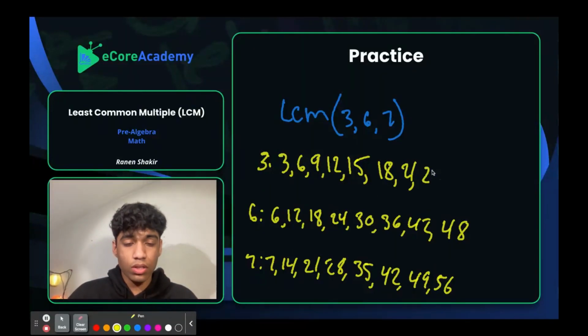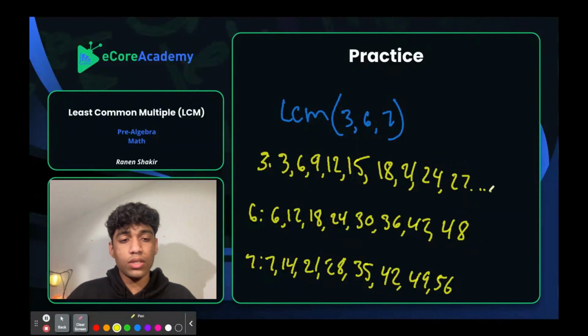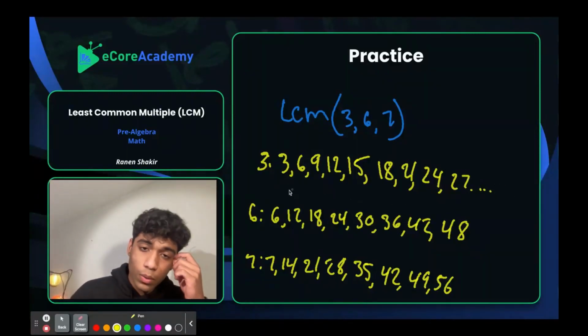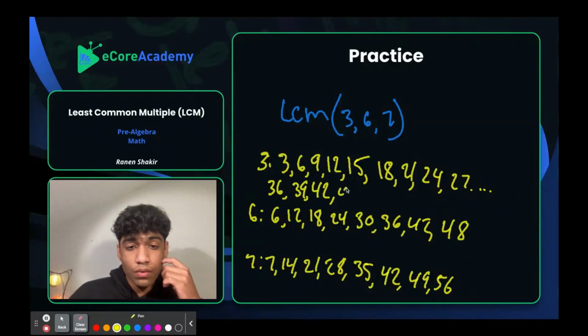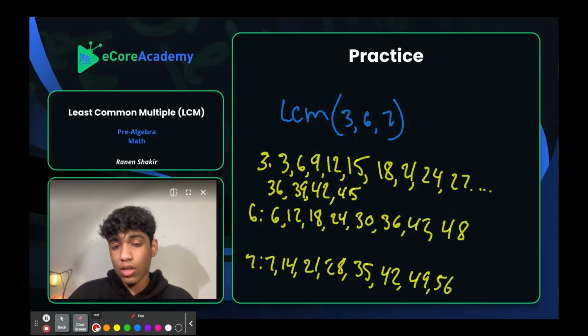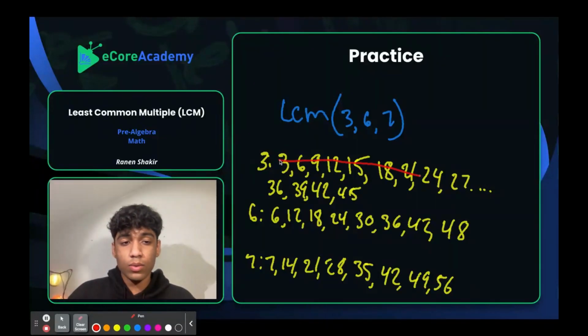So we'll have 24, 27, and then we're going to work our way down to 36, 39, 42, and 45. Now let's take a look. We already discovered that none of these will work.